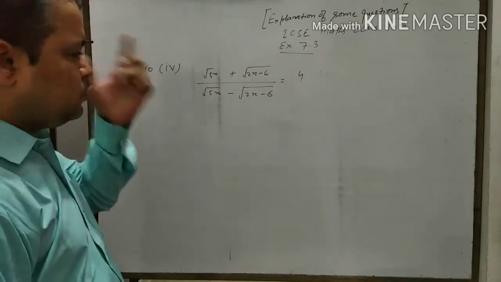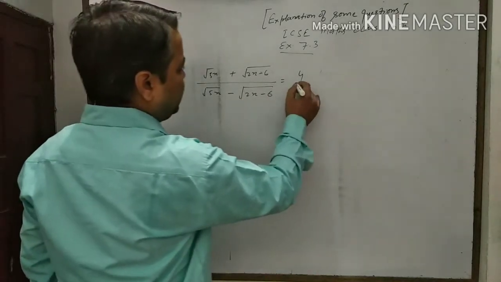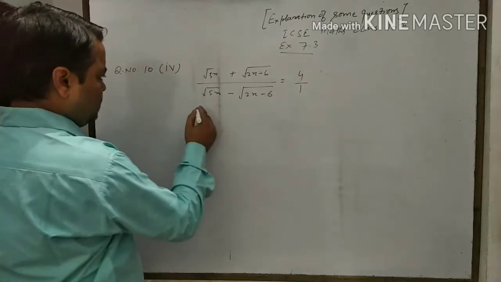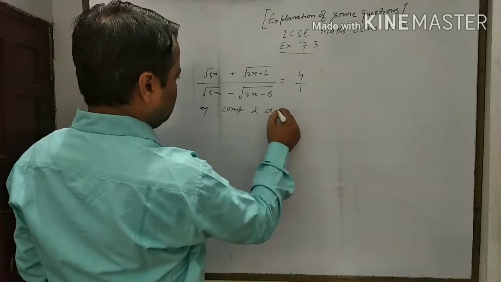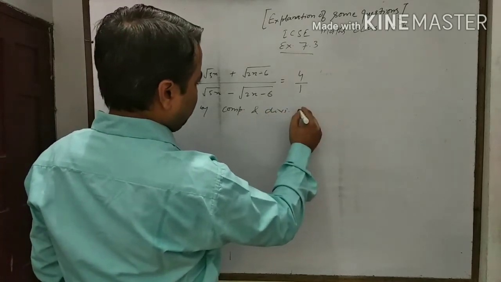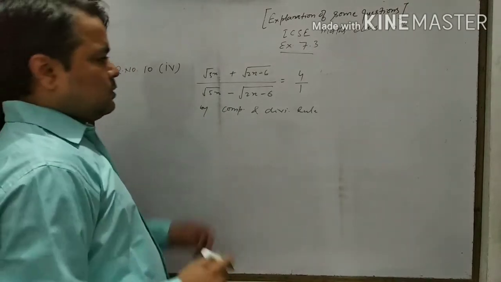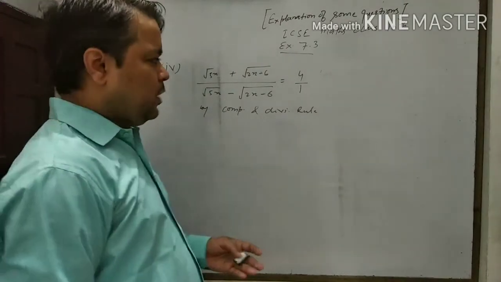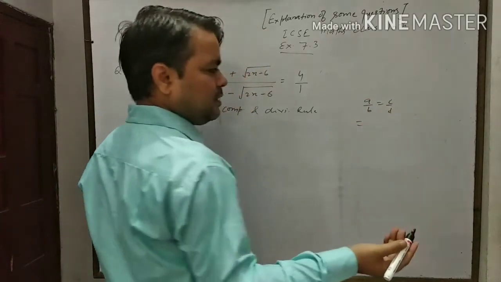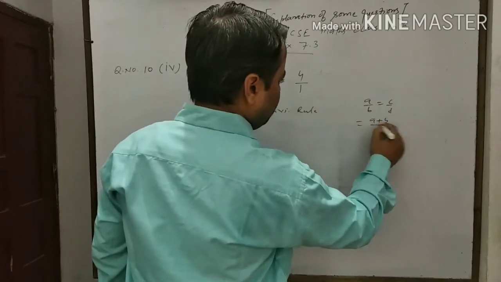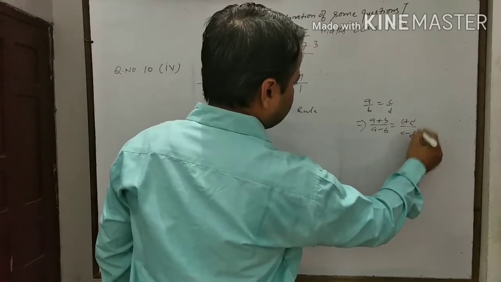Here also again we use the method of componendo and dividendo. Here 4 can be written as 4 by 1. Now by componendo and dividendo rule, what we can write? If a upon b is equal to c by d is given, then it will be (a plus b) upon (a minus b) is equal to (c plus d) upon (c minus d).